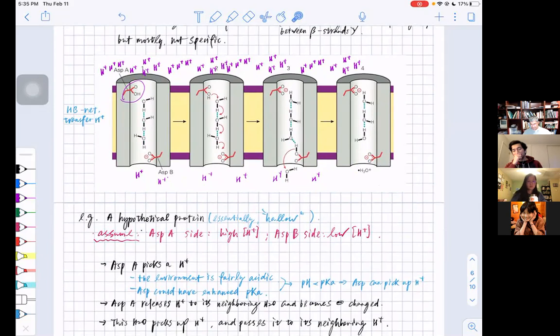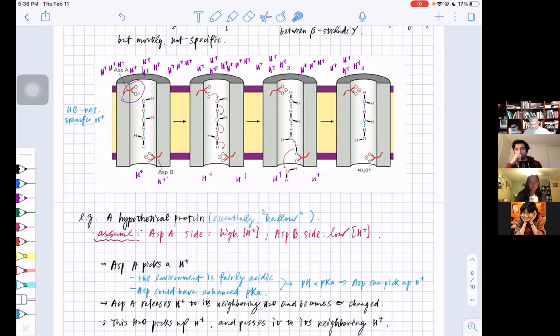We can also imagine its environment with lowered proton concentration will be higher in pK, higher than the pH of the aspartate B, thus it is negatively charged.